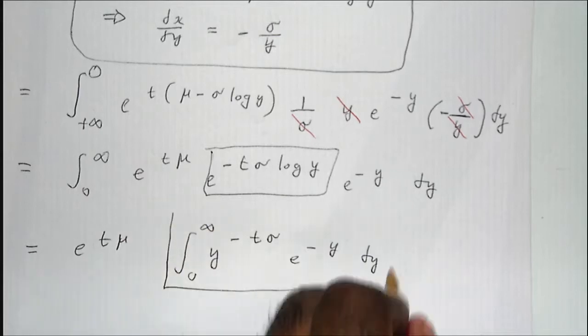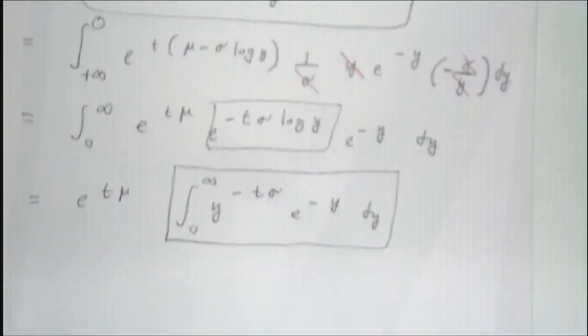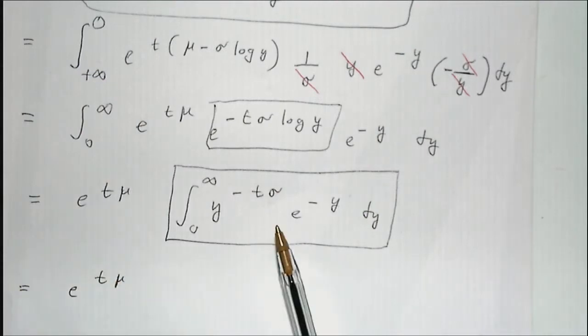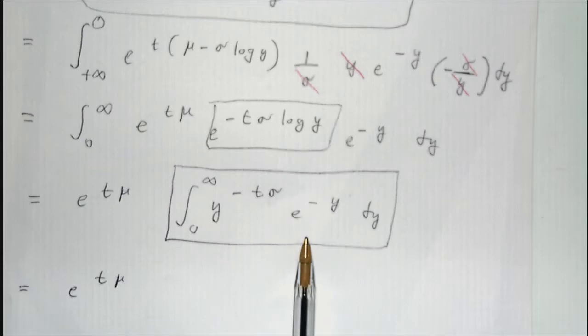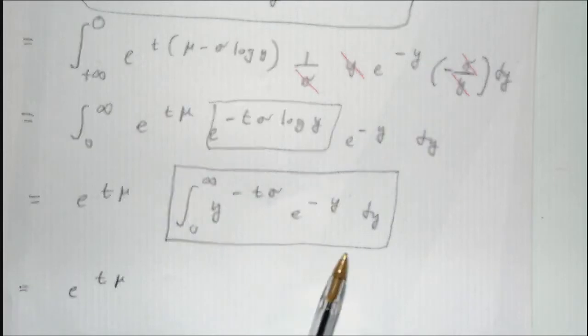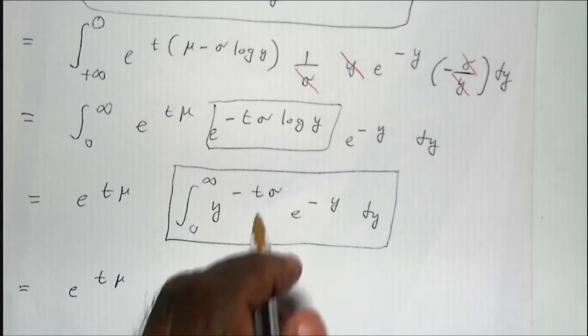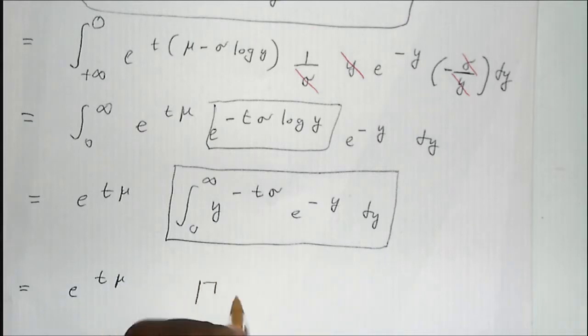Now, let me ask you, I just showed you a few minutes ago, I talked about this integral. What is that? This integral here is equal to? Come on, guys. I just talked about this. This is a gamma function at 1 minus t sigma.